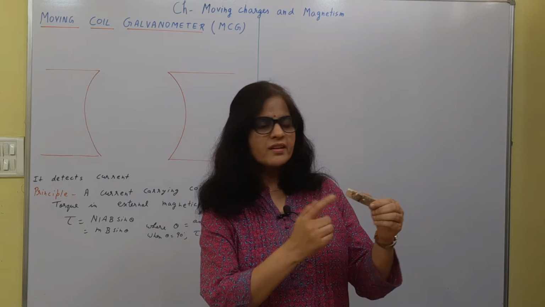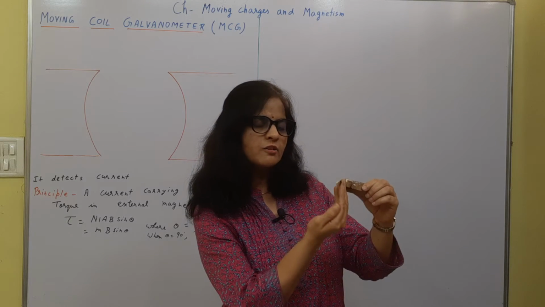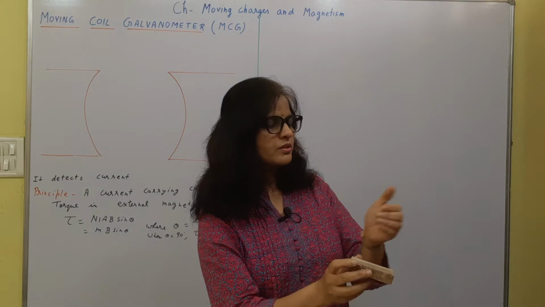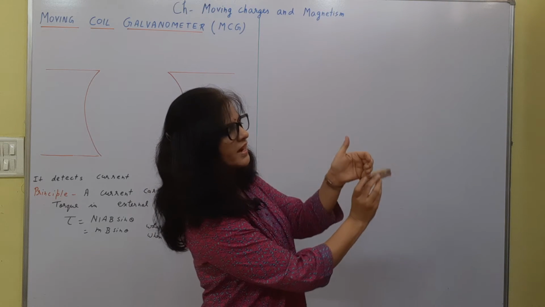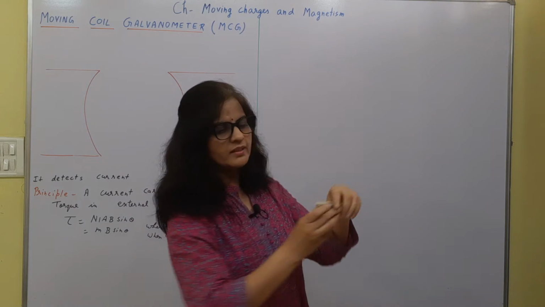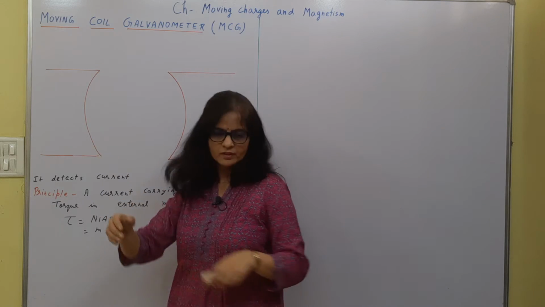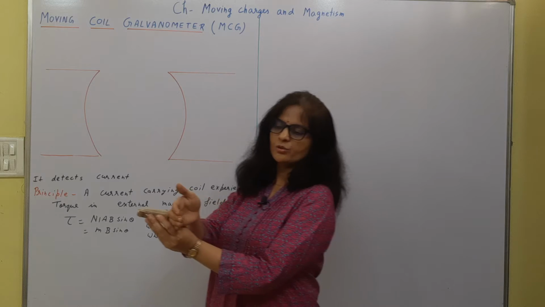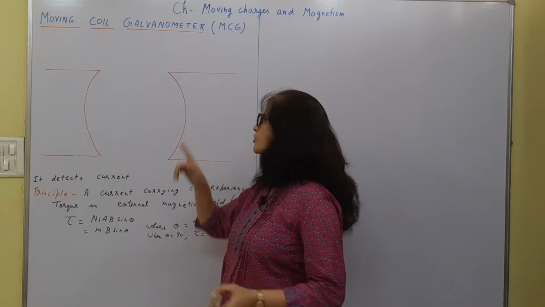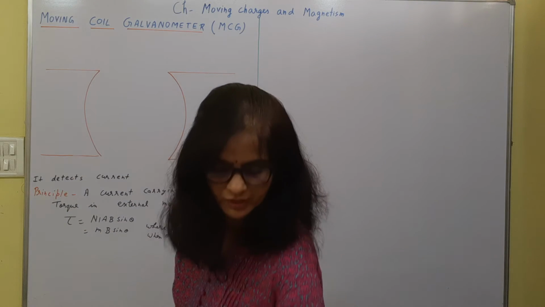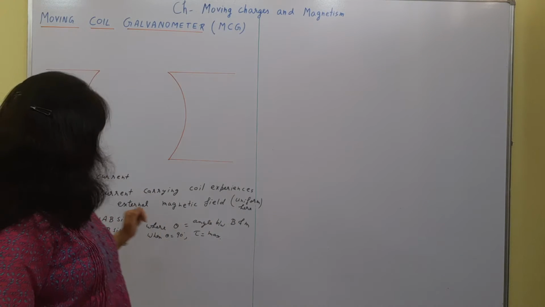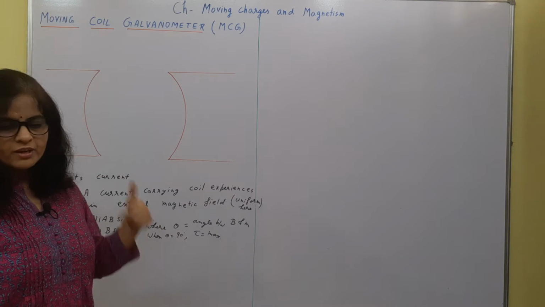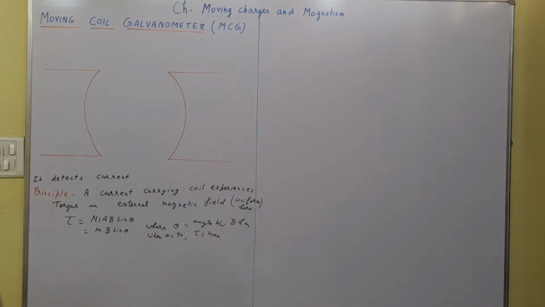Now for cylindrical magnet, we cut a curved part out of it, such that this end looks like this, and the other magnet is having this end like this, so that this part is curved. So what makes this field radial? These cylindrical magnets.